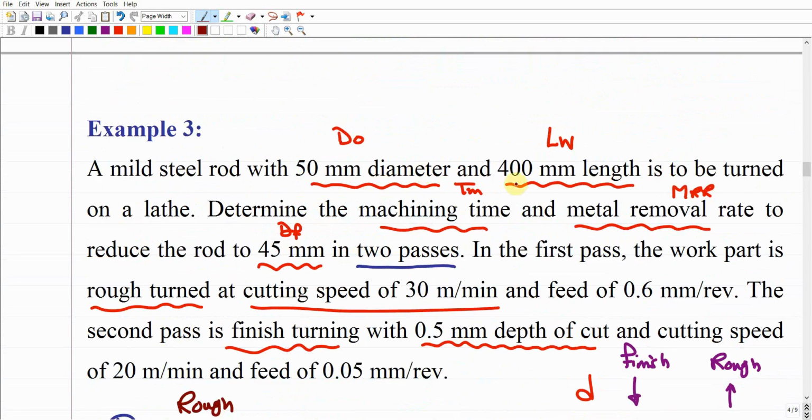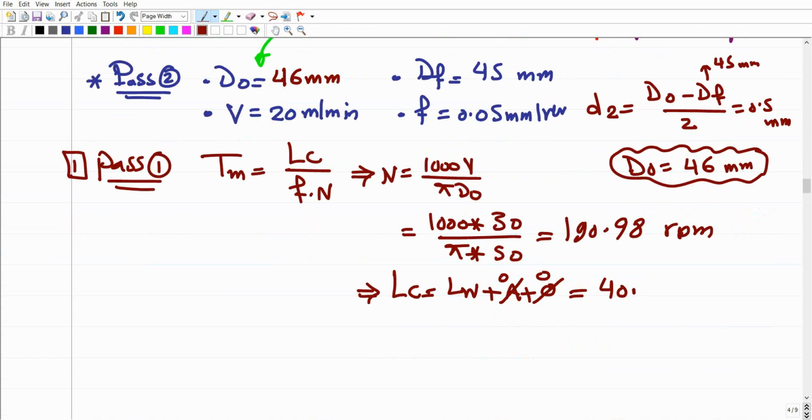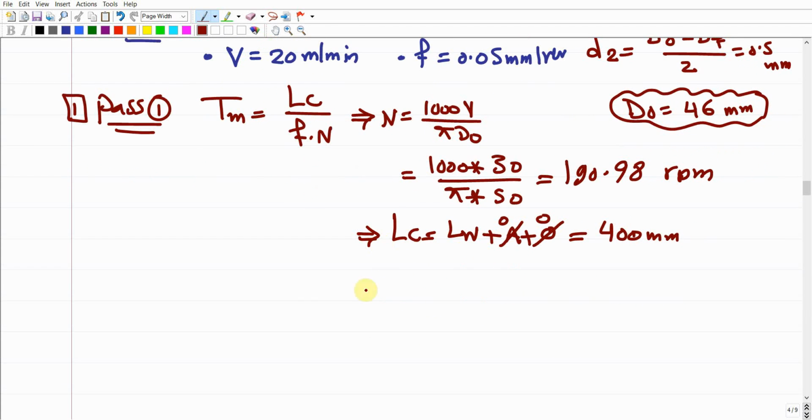LW, the length of the wall part, was given as 400 millimeters. Then you plug these two data in to end up with the machining time TM for pass 1. I'm just going to add subscript 1 to indicate this is pass 1.